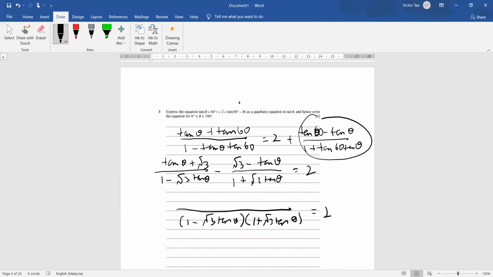So this times this: tangent theta plus root 3 tangent squared theta plus root 3 plus 3 tangent theta, plus root 3 plus tangent theta, minus 3 tangent theta minus root 3 tangent squared theta.